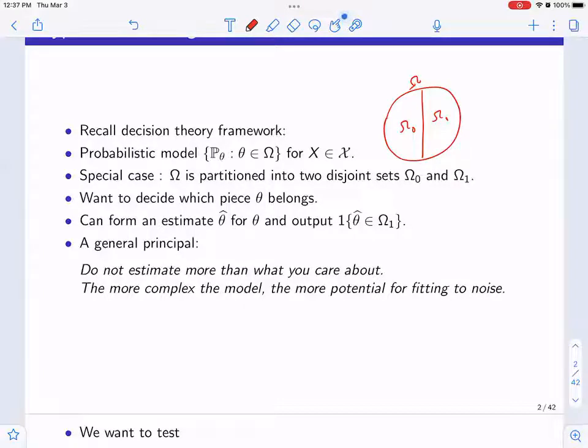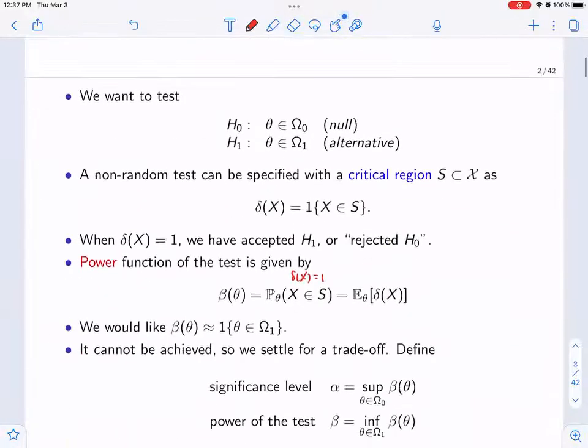So omega naught. So we have the null hypothesis, H0, which assumes that theta belongs to omega naught, and H1, the alternative, is the assumption that theta belongs to omega 1.